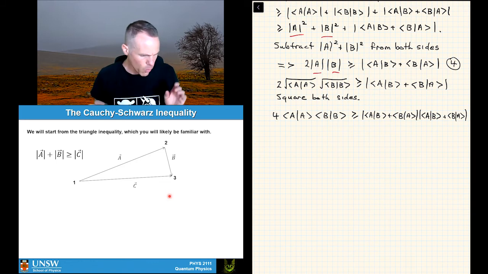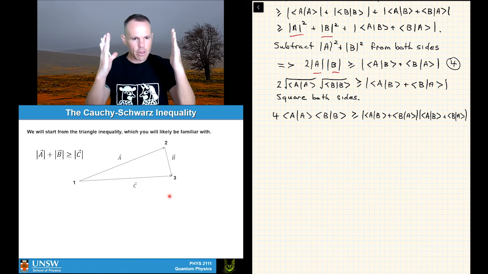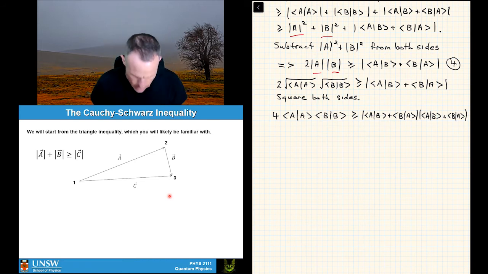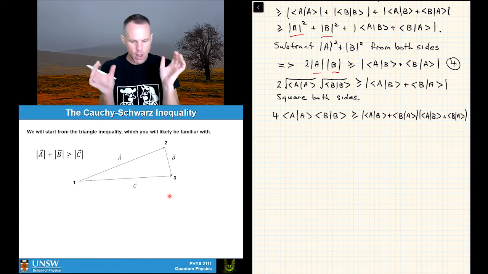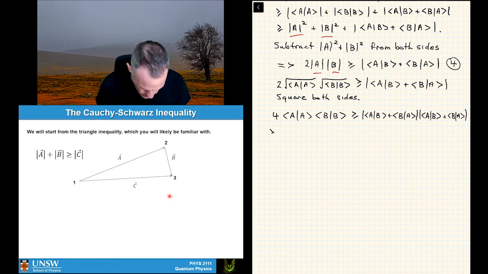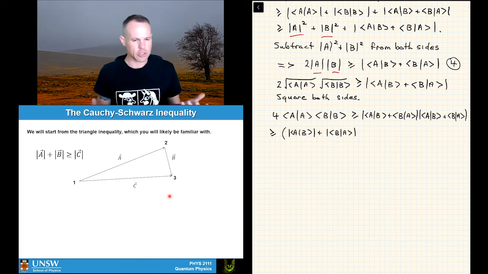And so what we can do now is the same idea. We can take the length of the sum is equal to the sum of the lengths, right? So this thing would now be a product in here. Let me take the inequality sign over. It's going to be the product of the length of (a,b) plus the length of (b,a). And of course, these inner products are just numbers, right?